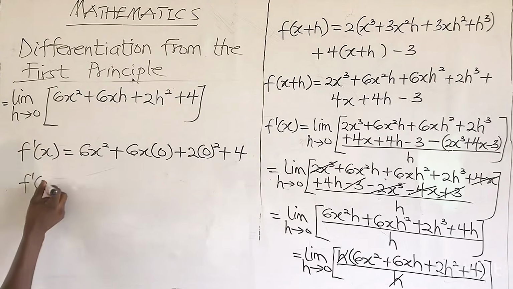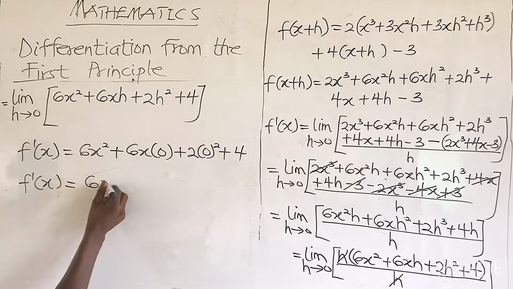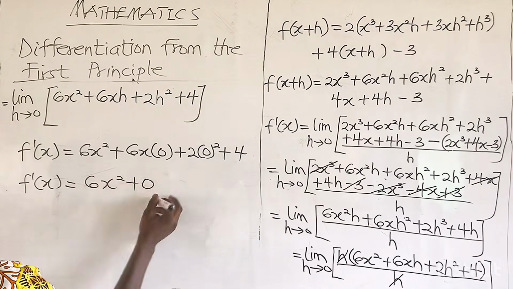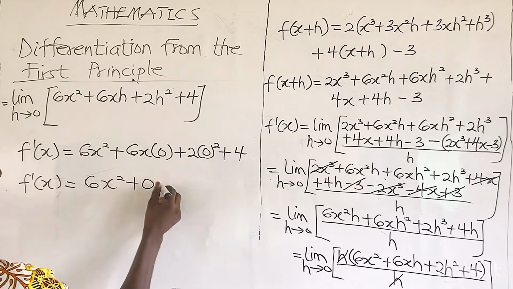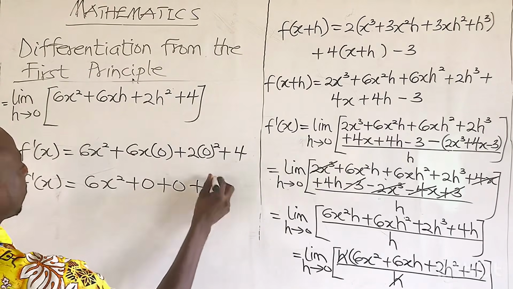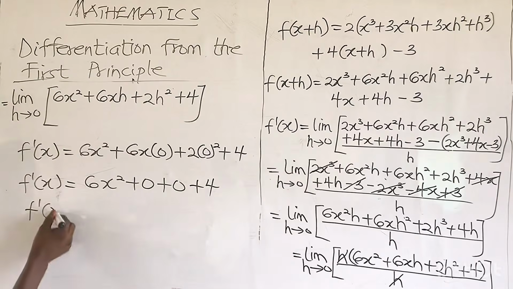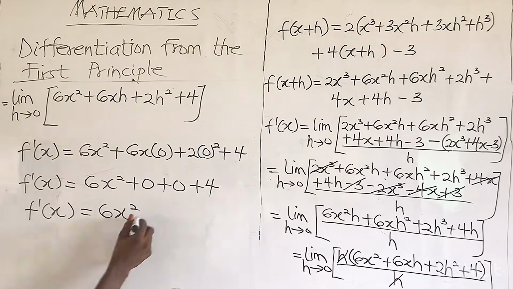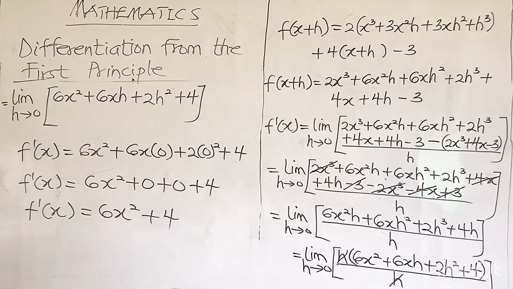Then the final answer is going to be 6x squared. This whole thing will move to 0. 2 times 0 squared is still 0 plus 4. Then finally, we have 6x squared plus 4 to be the final answer.